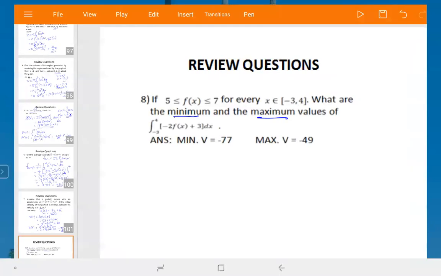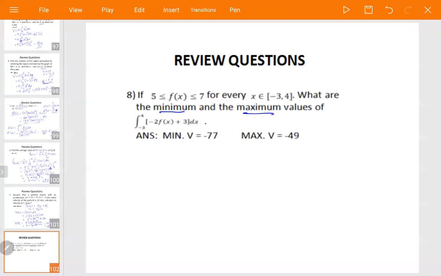Now we have given a function f of x that is between 5 and 7 for every x on the closed interval -3, 4. The question is to find the minimum and the maximum value of this integral. What we have given is 5 is less than or equal to f of x, and f of x is less than or equal to 7. Now let us multiply everything by negative 2.